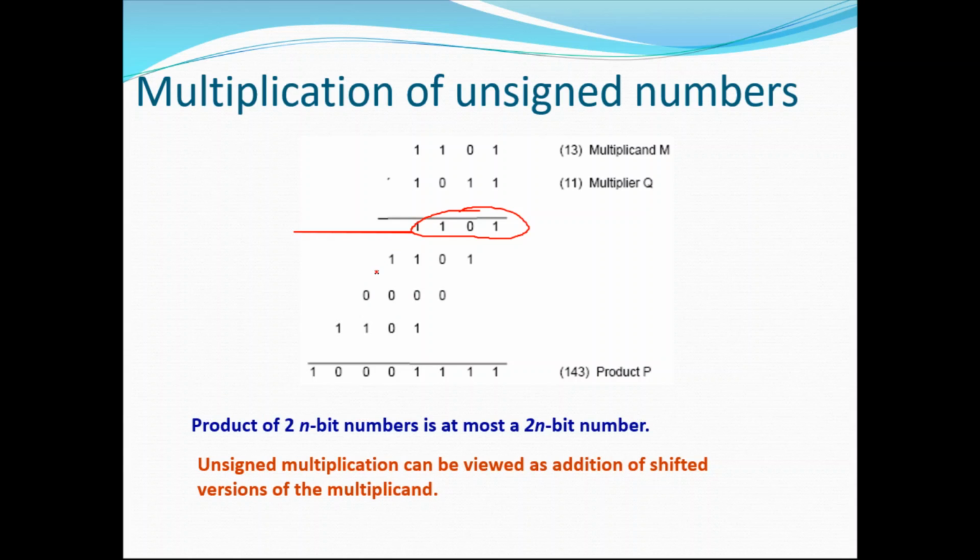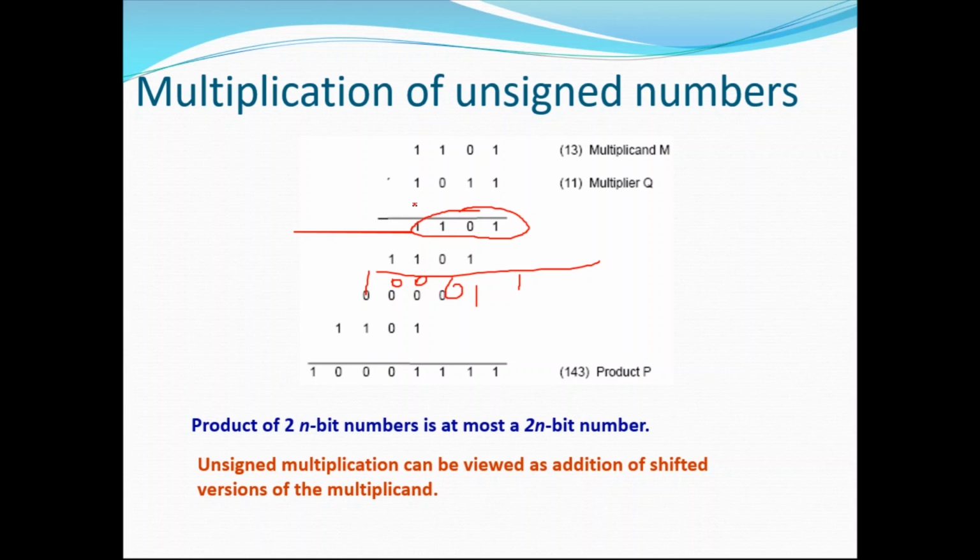At the second level, if you calculate, it will be 0 plus 1 is 1, 1 plus 0 is 1, 1 plus 1 is 10, that is 0 carry 1, and 1 plus 0 is 1. So this is the partial sum, and at every level you can calculate it.